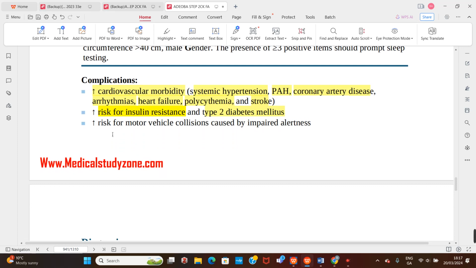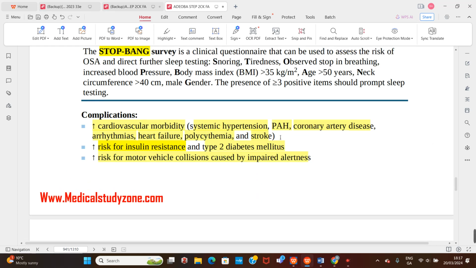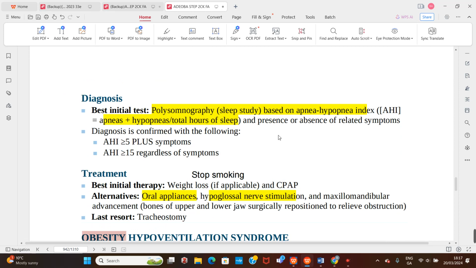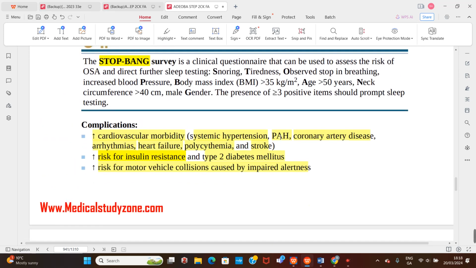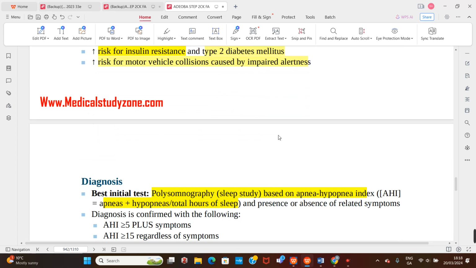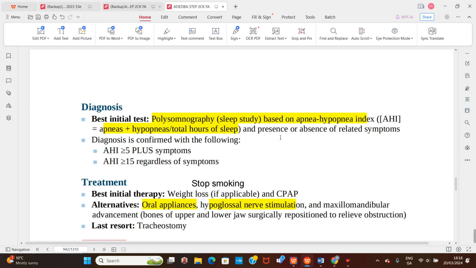So they can have increases of accidents due to impaired alertness, difficulty concentrating, because of the problems with their concentration from the poor sleep. So the best initial test to do is polysomnography.